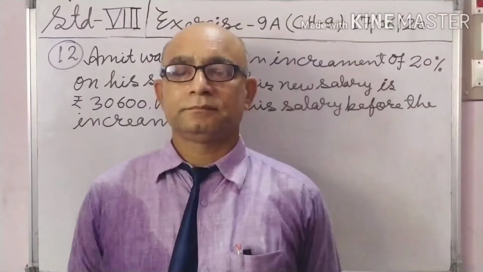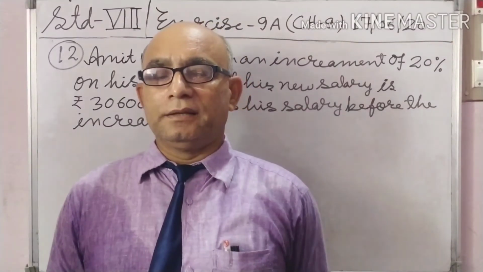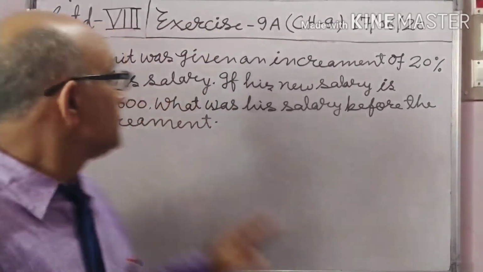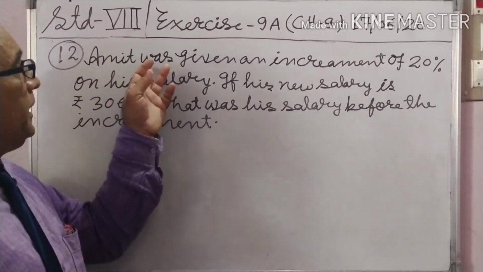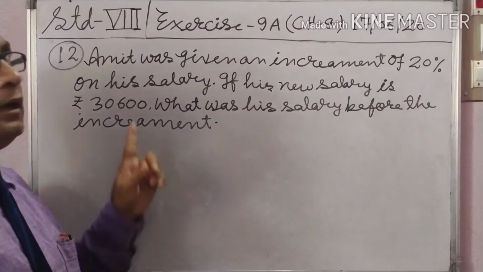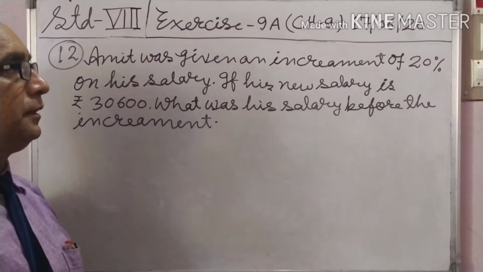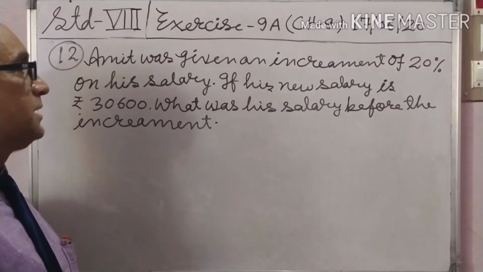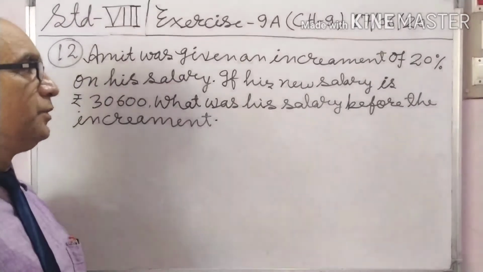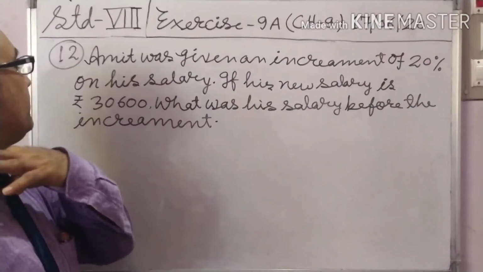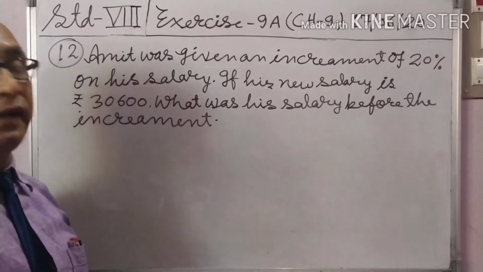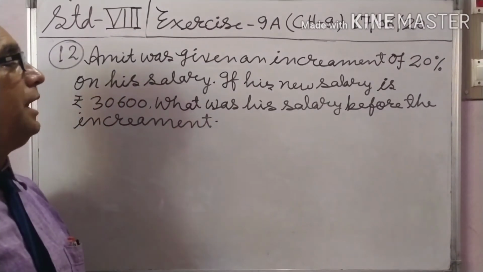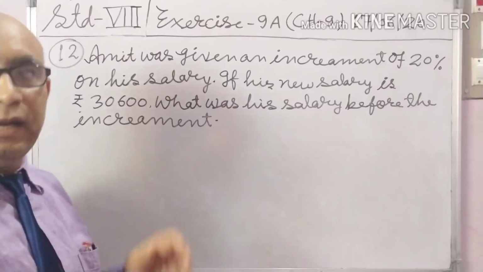Write it. Students, next and last question is question number 12. Amit was given an increment of 20% on his salary. If his new salary is rupees 30,600, what was his salary before the increment?